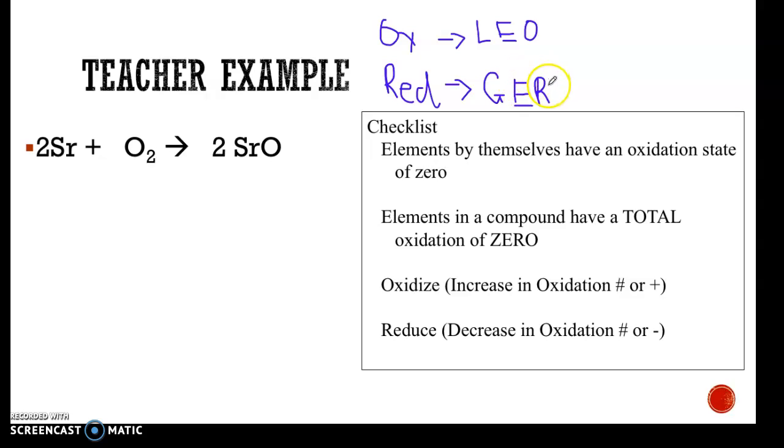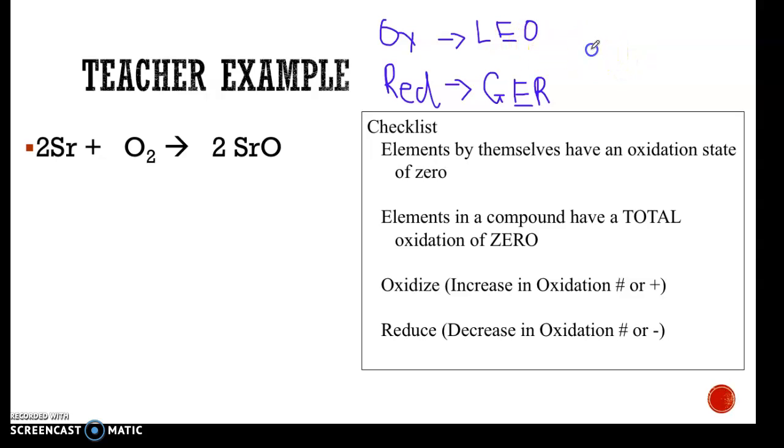Gain electrons, reduce. I'm going to say that again. I'm not going to write it because it's going to take me a while. Lose electrons, oxidize. Gain electrons, reduce. Right? Now, this is pretty straightforward.